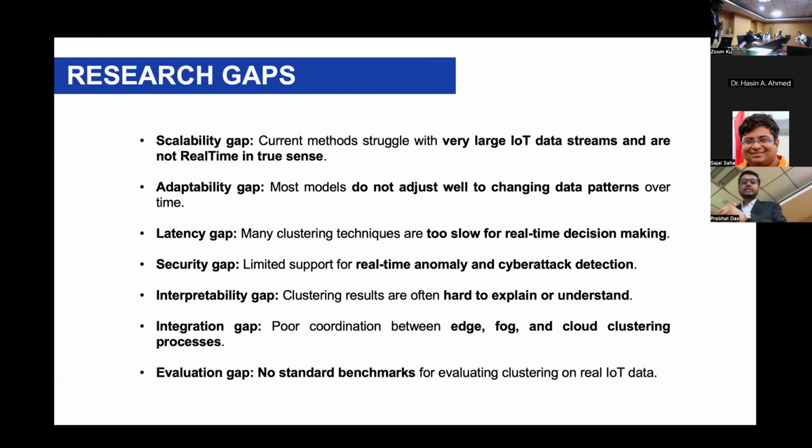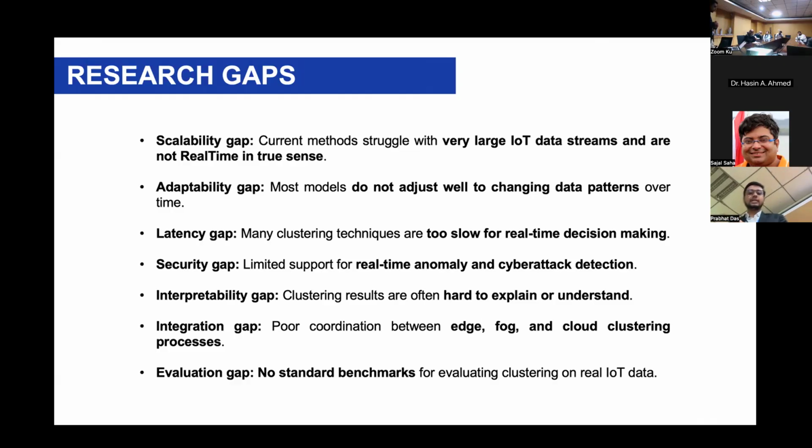Starting from scalability, there was no algorithm as of now which was scalable enough to ingest or go through large data sets. Adaptability being one of the major issues, where those mechanisms which were already proposed were not intelligent enough to adapt to the current scenarios.